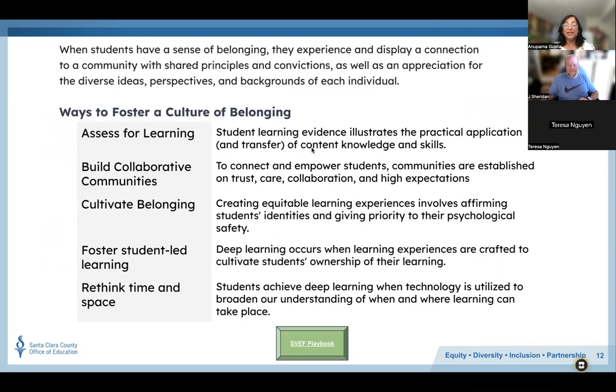This is taken from the SVF playbook, where they talk about fostering a culture of belonging. And that totally meshes with equity and inclusion, what we are talking about. How can we create a sense of belonging so that students feel it's a place for student-led learning, where they can build collaborative communities and work together?